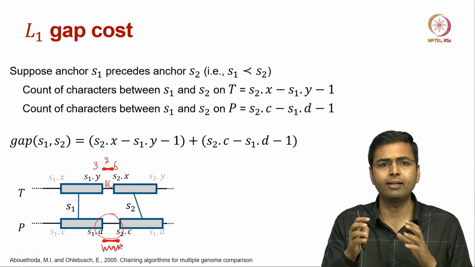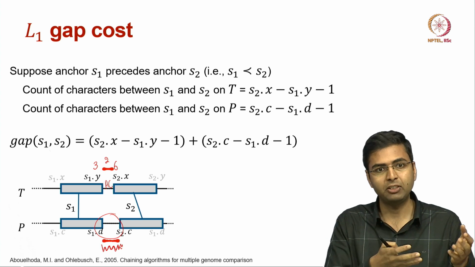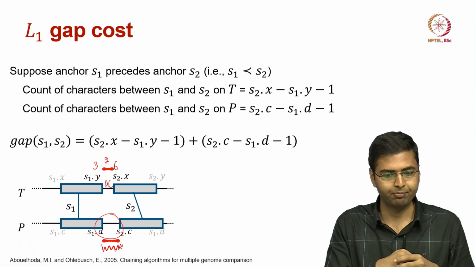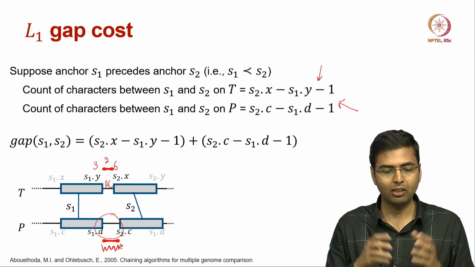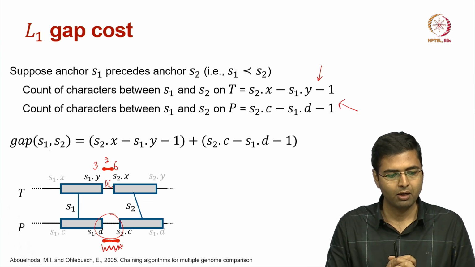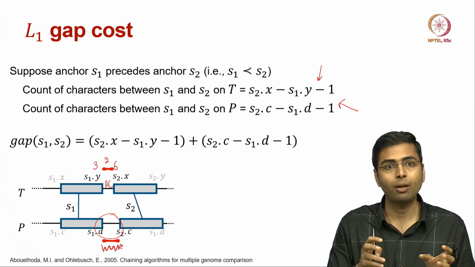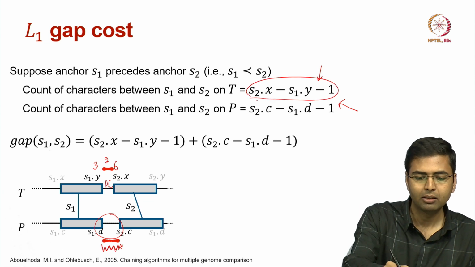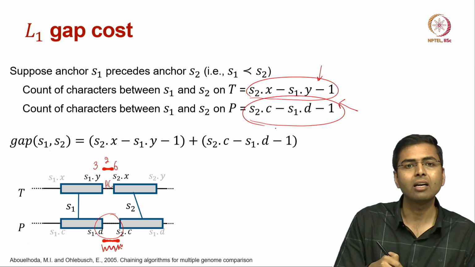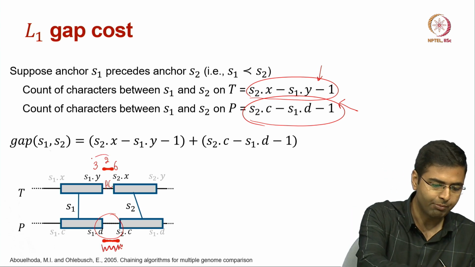So these are the number of characters which are lying between these two anchors on text T and pattern P respectively. Now, in the L1 gap cost, the gap cost will be defined by the sum of these two numbers. So we will add up these two numbers and compute the gap cost. That would be equivalent to taking a sum of this distance as well as this distance.